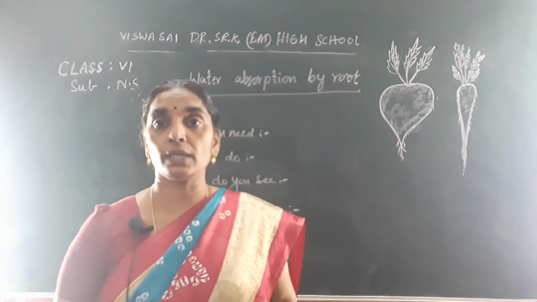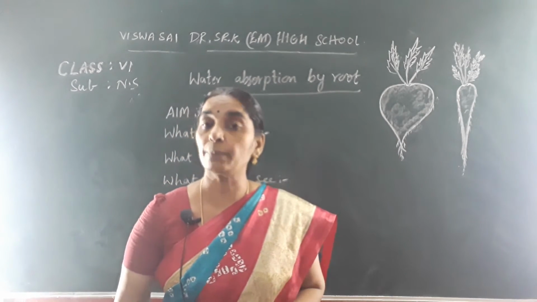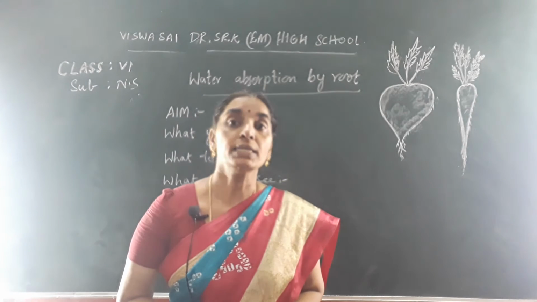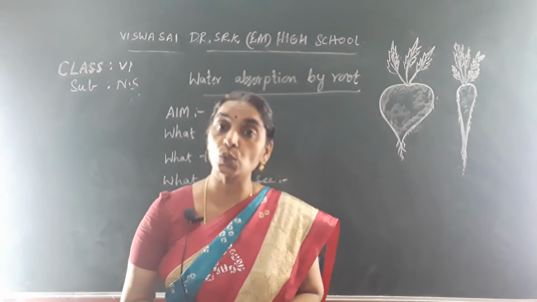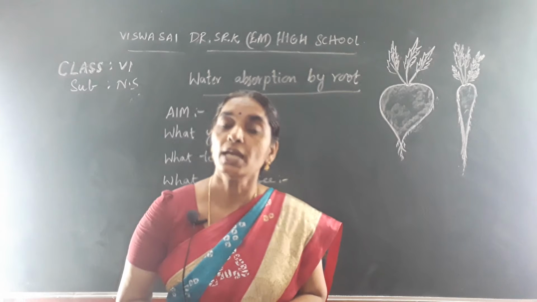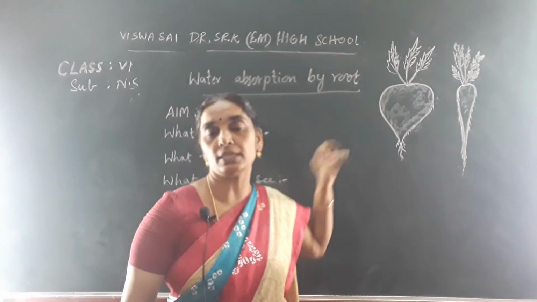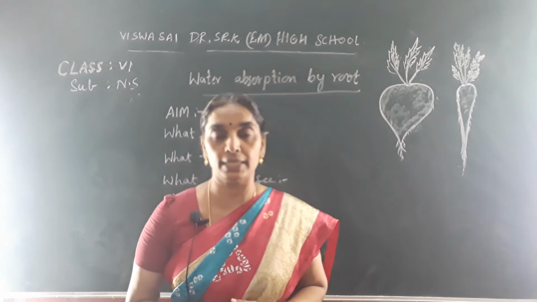As you well know about the functions of the root, they fix the plant firmly in the soil, they absorb water and minerals from the soil, and they also store food material, as in the case of carrot, beetroot, radish and all. It is an edible part that we eat also.